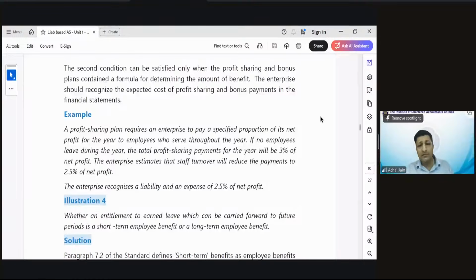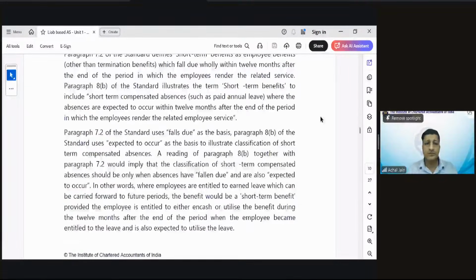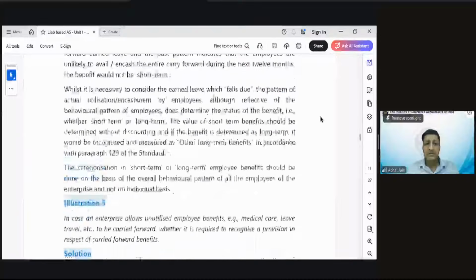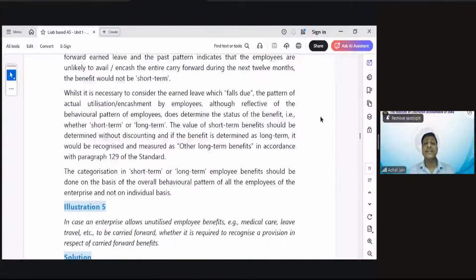A small one. All right, so let's look at this one. We are picking up question number 5 now. In case an entity allows unutilized employee benefits, for example, medical care, leave travel, to be carried forward.